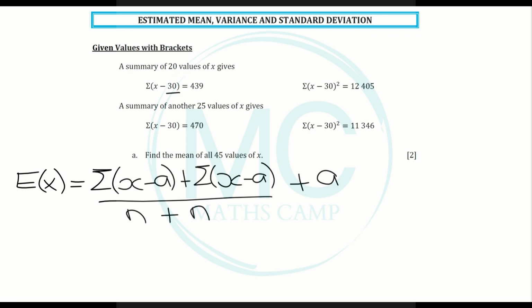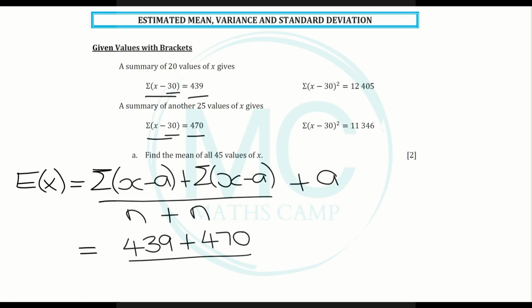Here our a value is 30. So from set 1, sigma x minus a is 439, plus from the second set, 417 (the calculator entry uses 470), all over 45, the total number of values, plus a, which is 30.